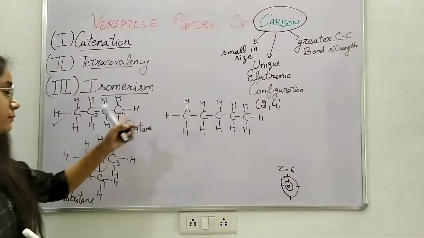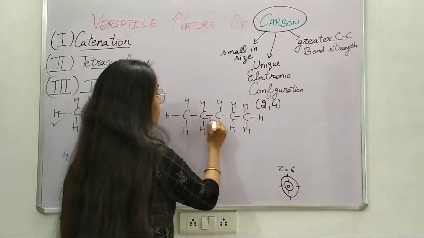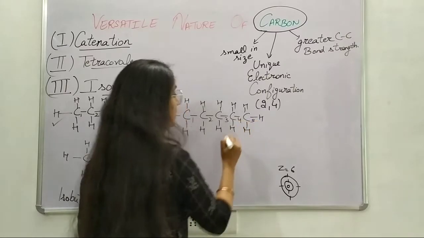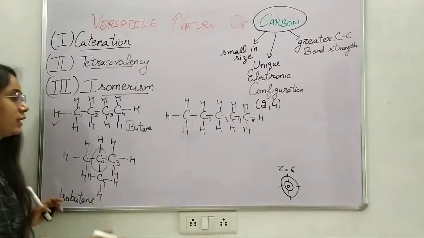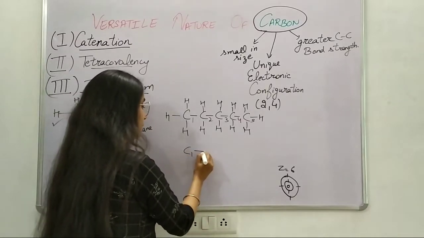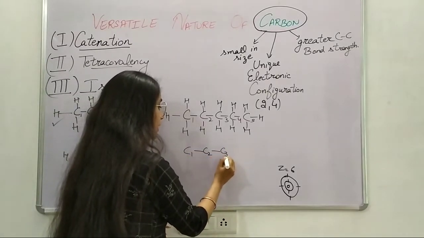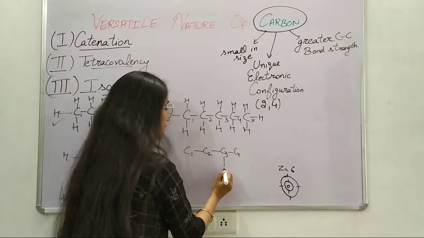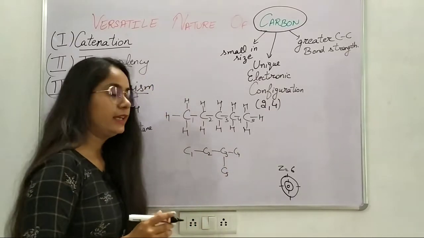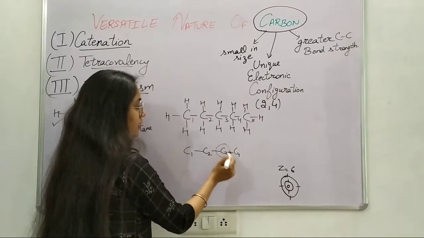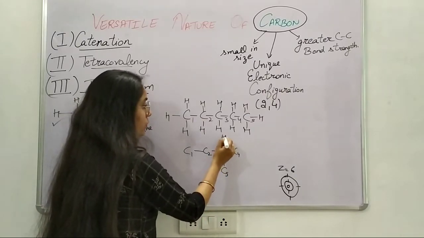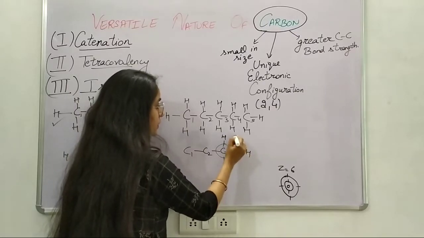Right. Now in what different ways will you show the molecular structure of pentane? First one is similar to this one. 1, 2, 3, 4, 5. And now this carbon atom again is showing bonds with other 3 carbon atoms and only 1 bond with hydrogen.